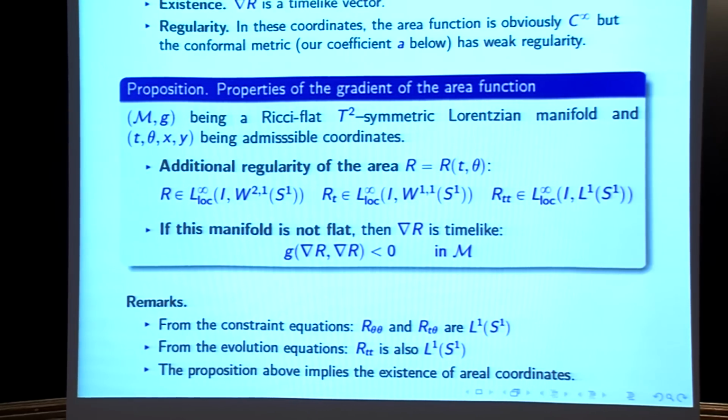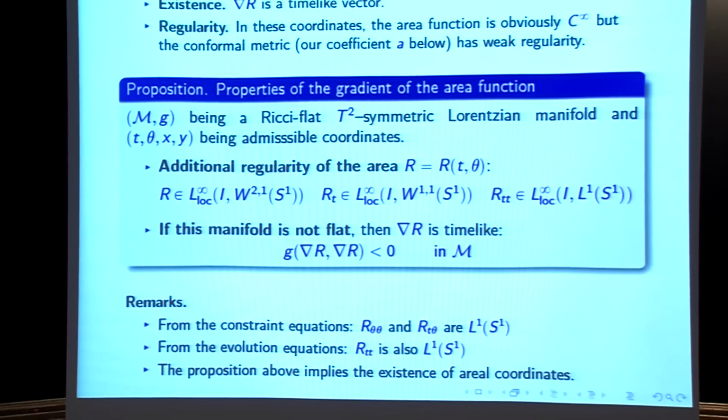Now you would like to have an argument to show the existence of areal coordinates. What I will show now is that at least if the manifold is not flat, because if the manifold is flat, just the trivial situation of empty flat manifold, of course this R would be a constant and there is no possibility to use it as a time function.